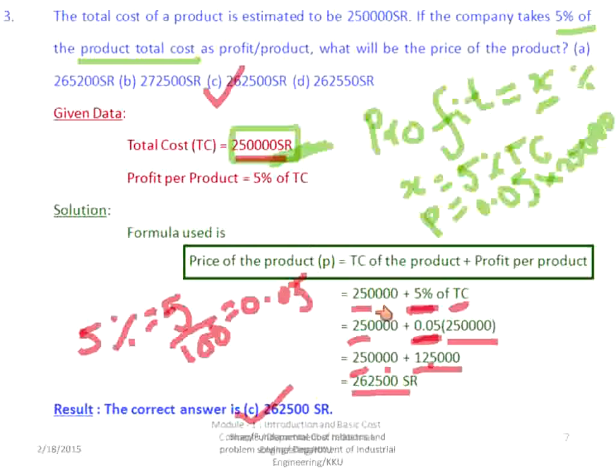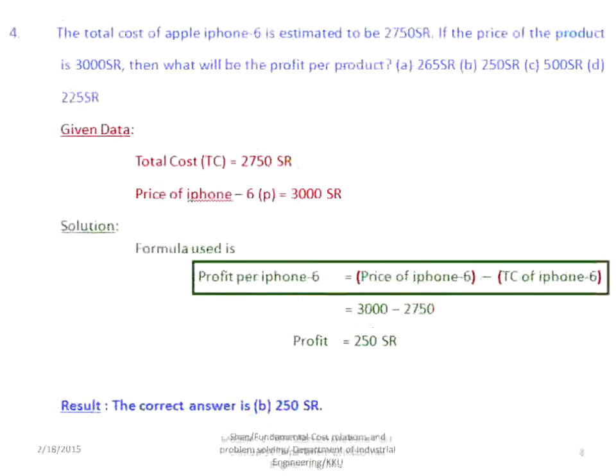So we are finding profit, then we are adding it with total cost, and we get the price of the product. Yeah, that's nice. So we will see the next problem. We will solve the next problem. Okay. Now you see problem number 4.